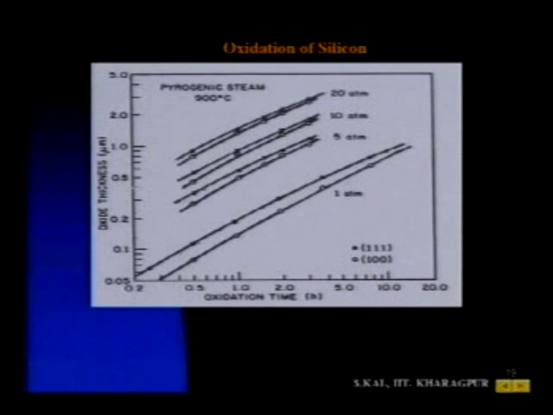So obviously, since the species are different, the parabolic rate constant and linear rate constant, that means B by A is the linear rate constant and B is the parabolic rate constant, those values are different for different growth conditions.